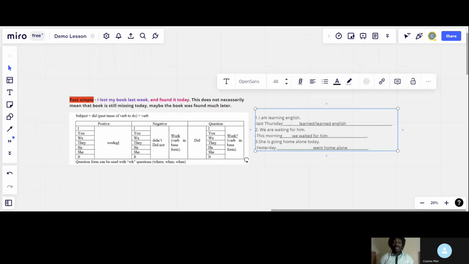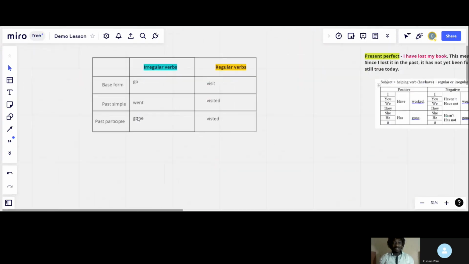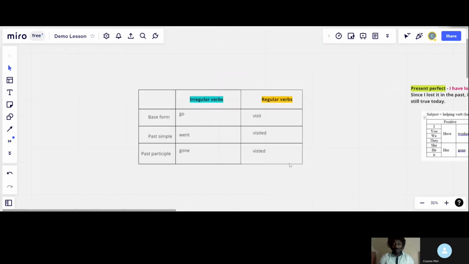For past simple, it happened in the past and finished in the past. Irregular verbs and regular verbs change differently. For irregular verbs, as you can see from the table, the past participle is different from the past simple. For regular verbs, the past participle and the past simple are the same.